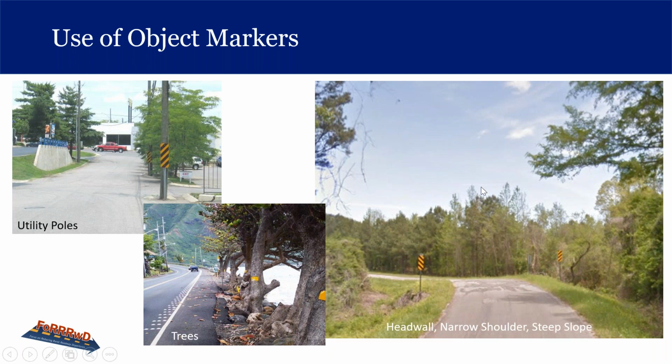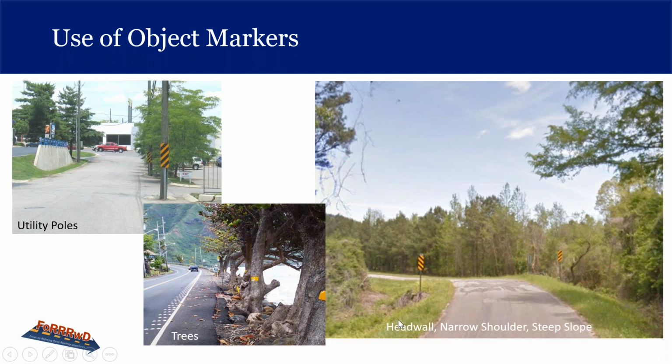And on the far right, the object marker is always placed at the edge of the hazard zone. And since they have 2 hazard zones here, one on the left, one on the right, we're identifying both of those. So the first harmful hazard is marked on the left edge.